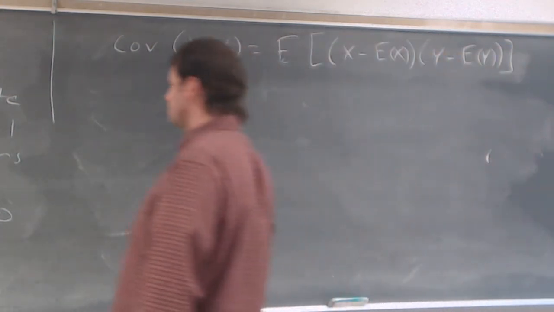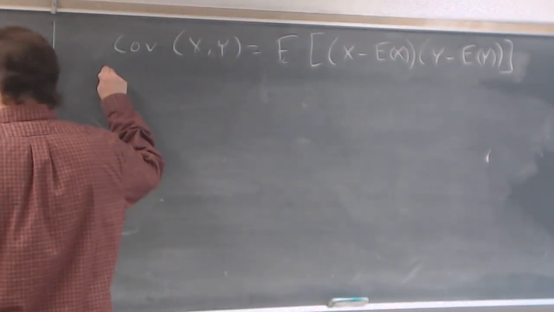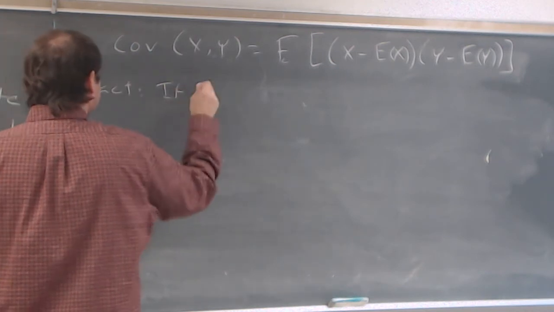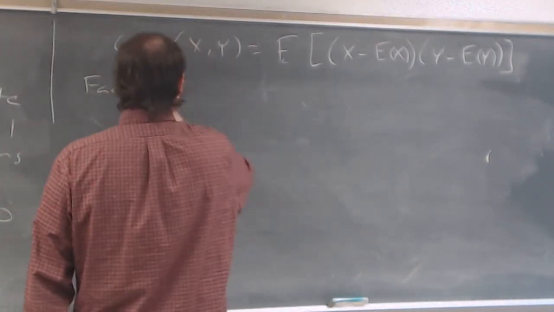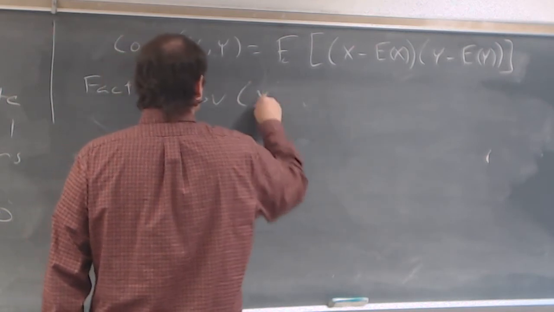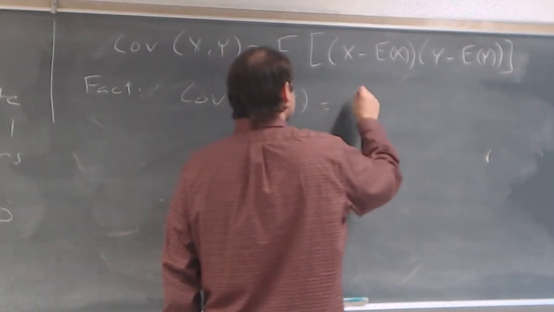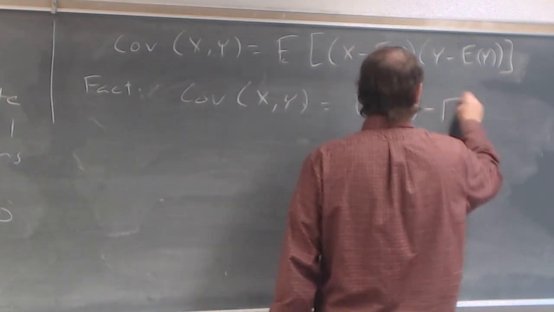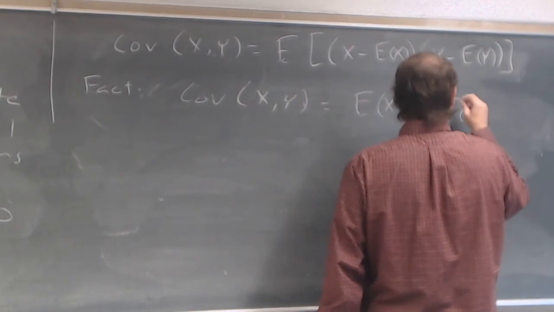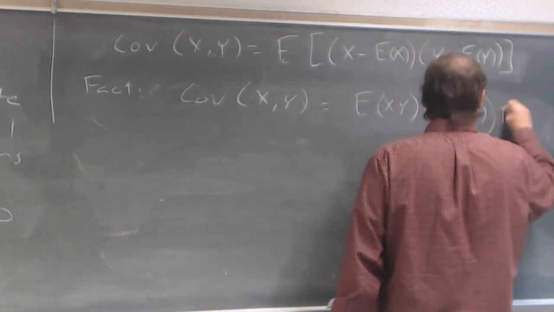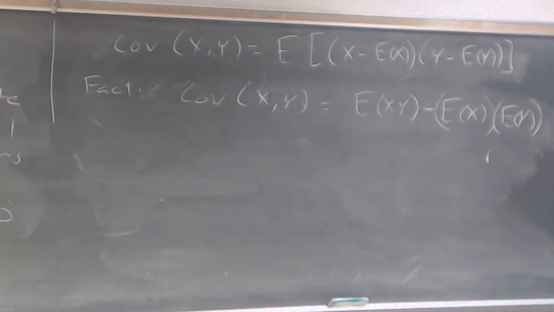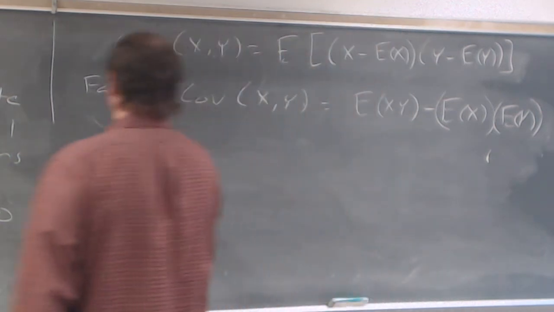And then, as a fact, the covariance of x comma y is equal to the expected value of x times y minus the expected value of x times the expected value of y. So that's a fact. It's much like the fact we had about variance, and covariance is a lot like variance.